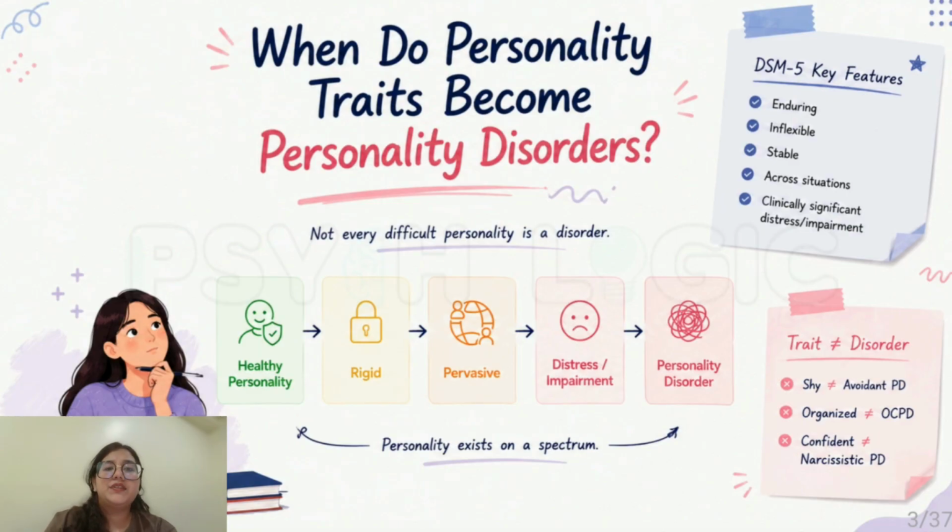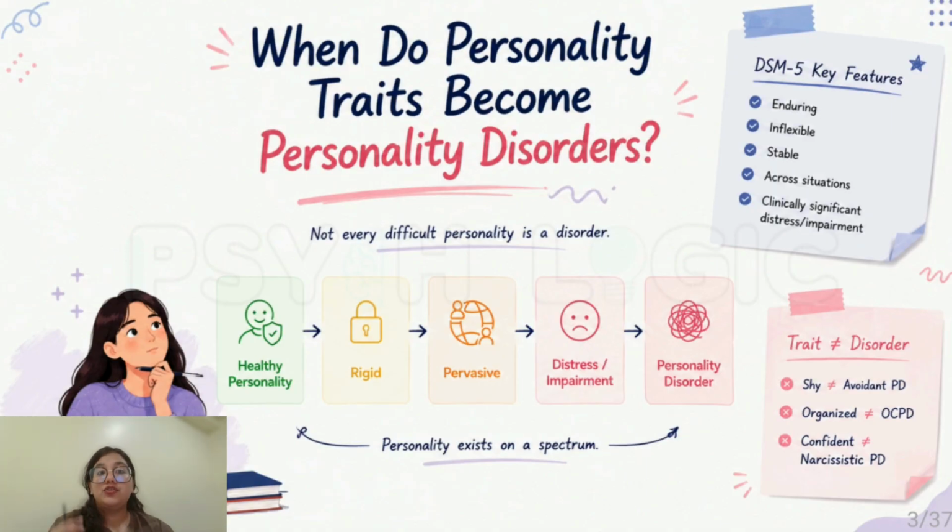But if the same person becomes so rigid that they spend 3 hours arranging their study table before they even begin studying, or they miss their deadlines because nothing they do feels perfect enough, and their relationships suffer because they expect the same impossible standards from everyone else, now these traits are no longer helping them; they are interfering with their life. That's when we start thinking about a personality disorder.